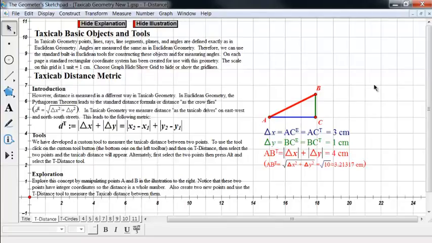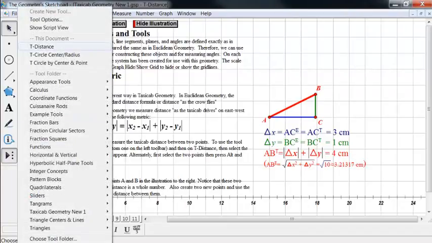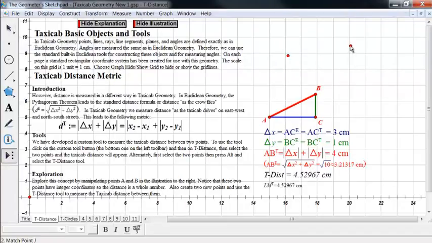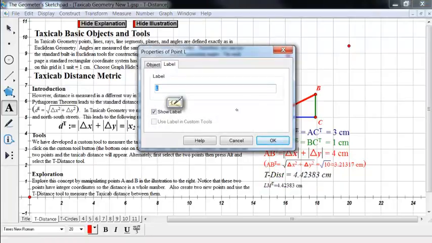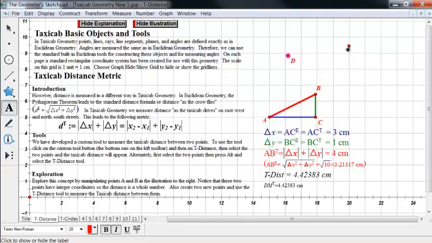Now with that said, we've got a tool here called t distance, and what you do is you just click on 2 points and it gives you the taxicab distance. It's based on whatever these 2 points are named. Right now they're named L and M, but for example I can name them D and E, and notice that it has a text here that says DE Taxicab is 4.42 whatever, and it also refers to it here.